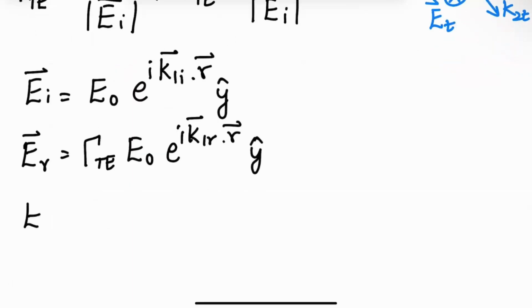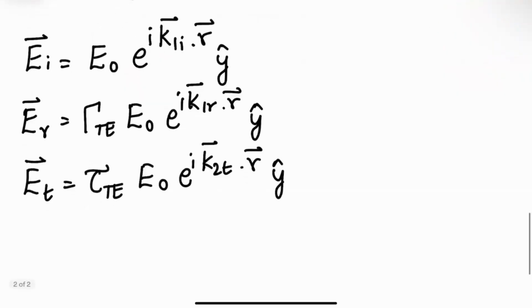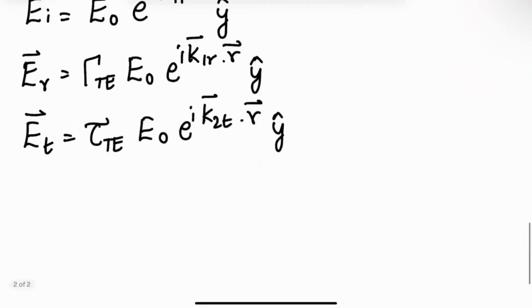And then E transmitted is tau TE E naught e to the i k2T dot r y hat. Okay, so we still need to write these guys as well. So let's do that.